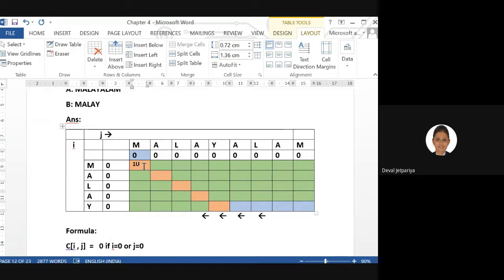Okay, fine. Once we fill one or two rows, everyone will be able to get the idea.